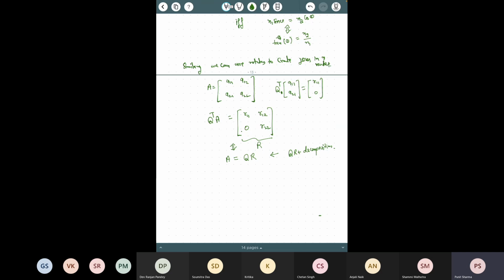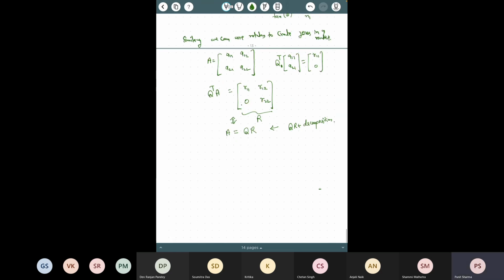We will see this, but at least you can see from here also for 2 by 2, it is very immediate to see. Not only this, these rotators can be used to solve a system of equations also. Let's say you have AX equal to B. Assume that you have this decomposition A equal to QR.